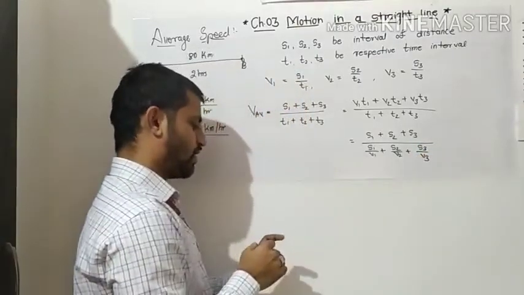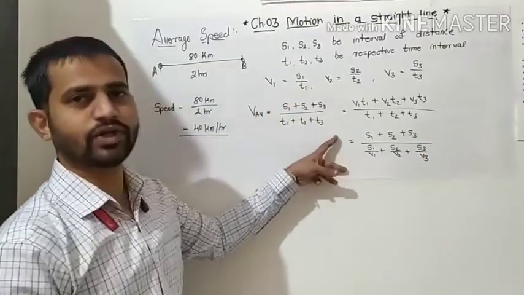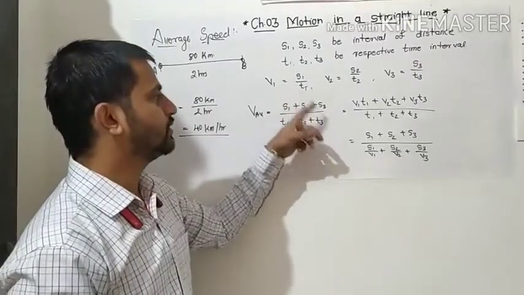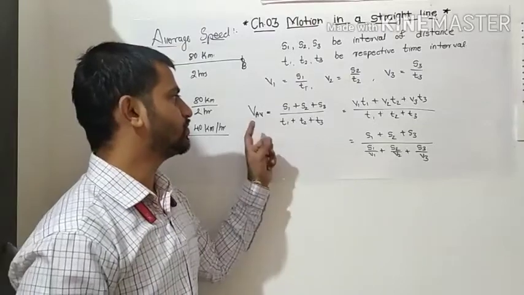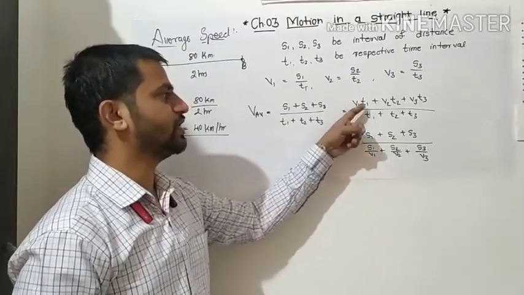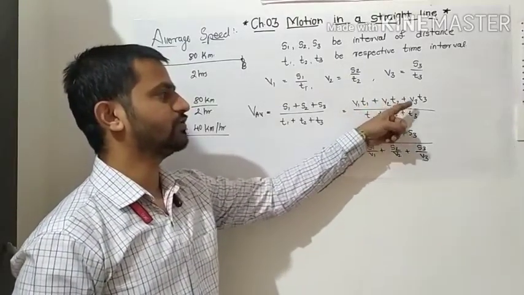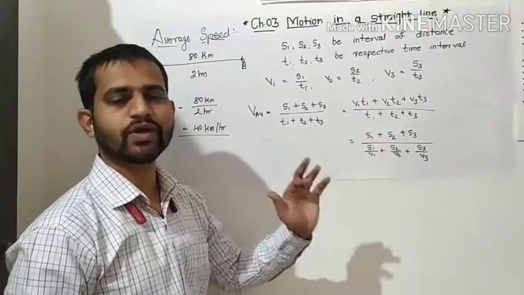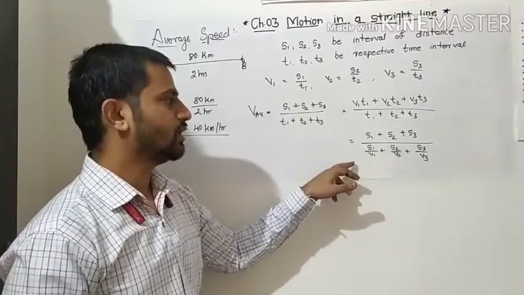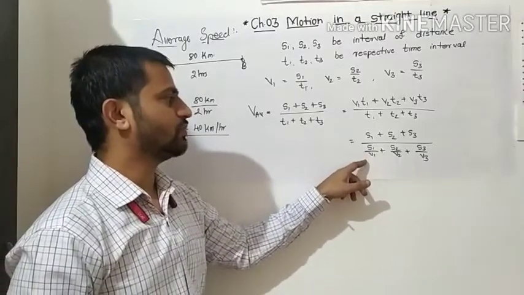Okay. We have these two equations. Either we can go by this equation, or we can go by this equation. So V average we can calculate as V1 T1 plus V2 T2 plus V3 T3 upon T1 plus T2 plus T3. Or we can convert the time: time equal to S1 upon V1.